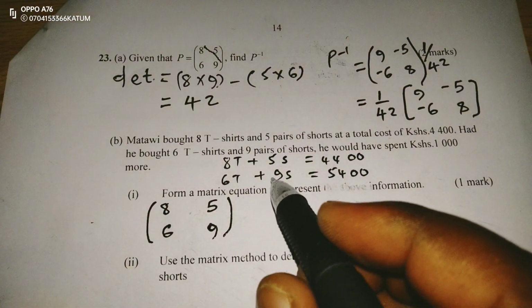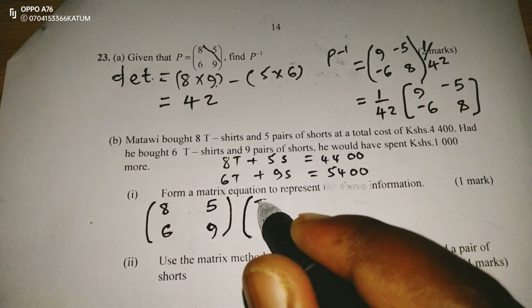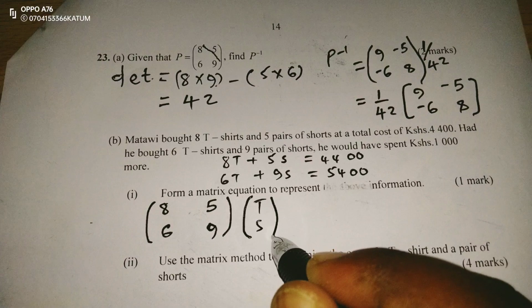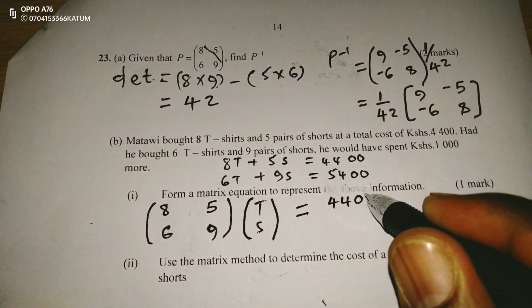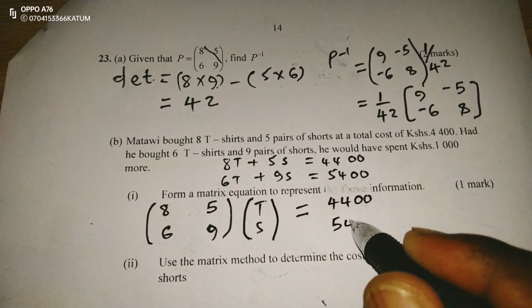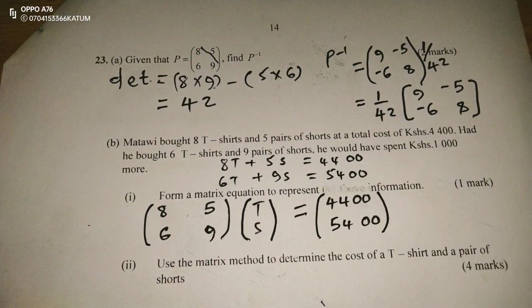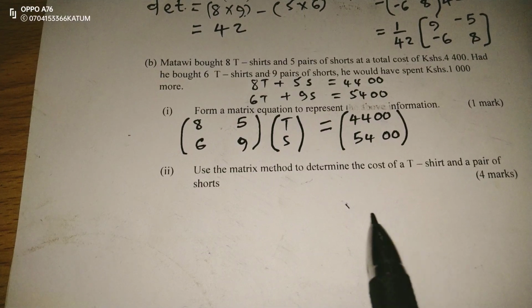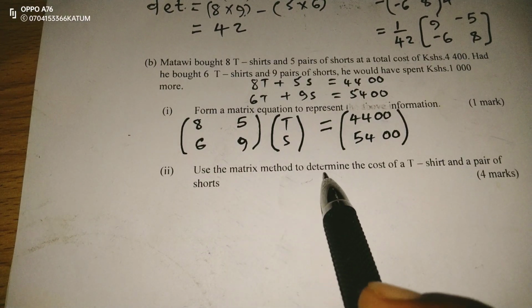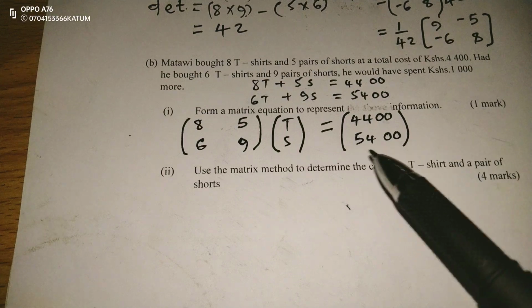Then we will have what we call the variables T and S matrix, then the constants matrix, which is 4400 and 5400. Then after this, we go to the second part, whereby we are told to use the matrix method to determine the cost of each item.